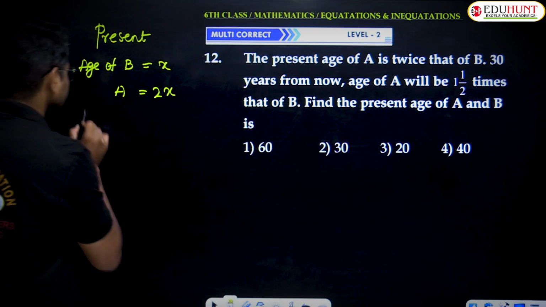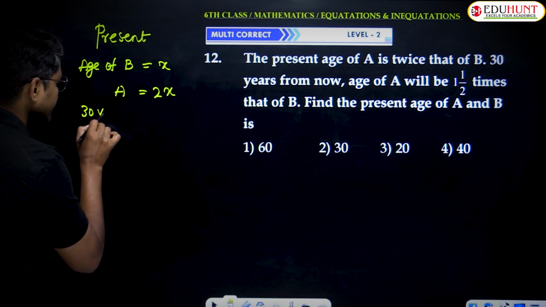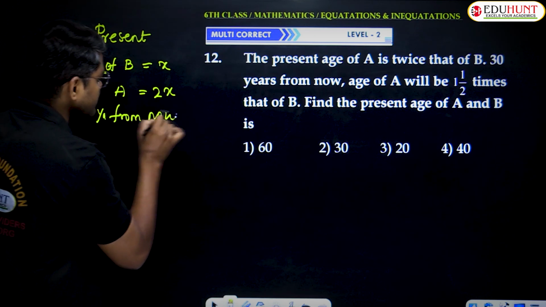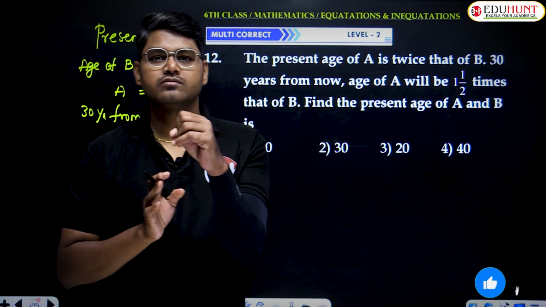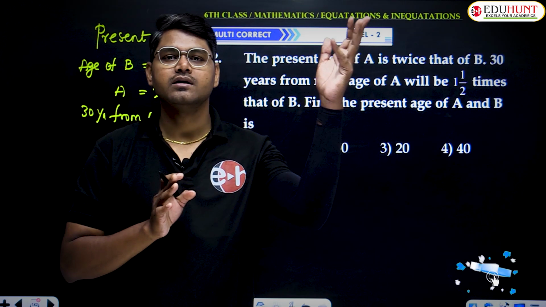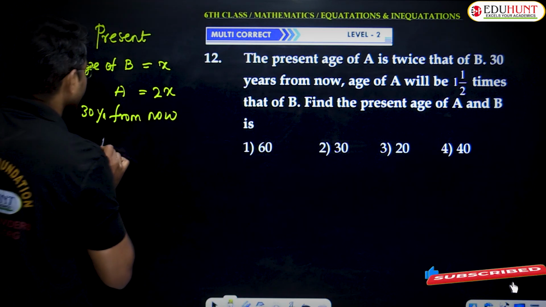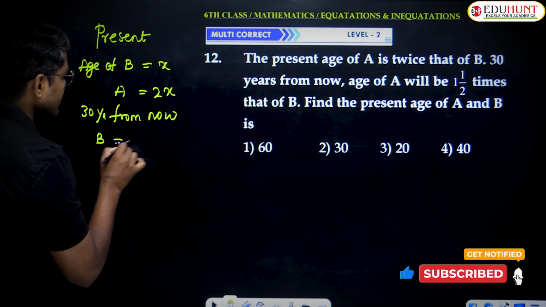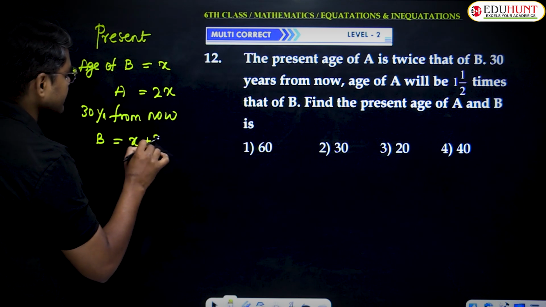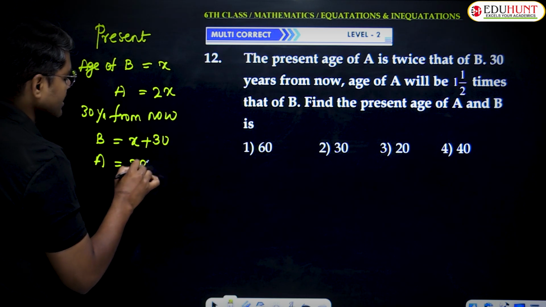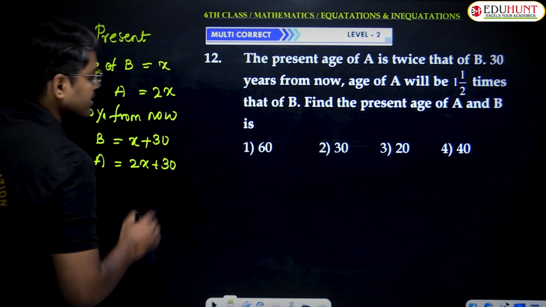30 years from now. So, if your age is 15 years now, then 30 years after it is 15 plus 30, that is 45. So, present age of B is x, 30 years later x plus 30. A present age is 2x, after 30 years 2x plus 30.